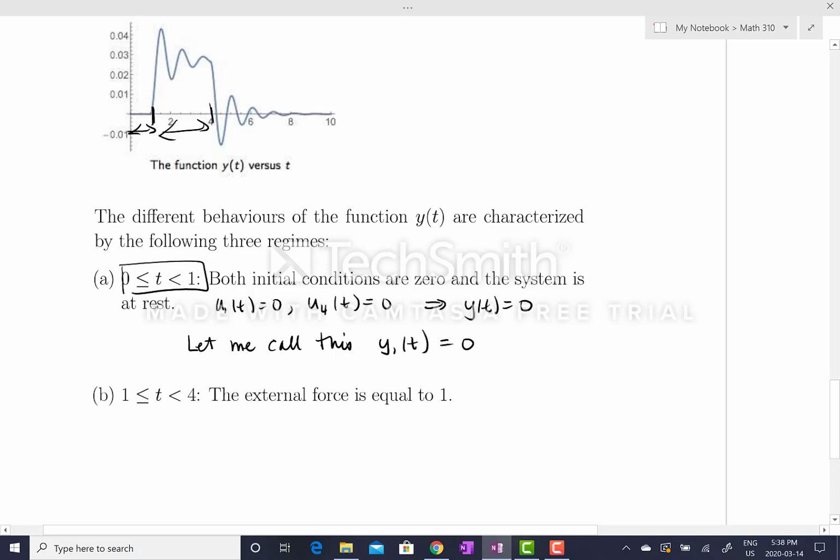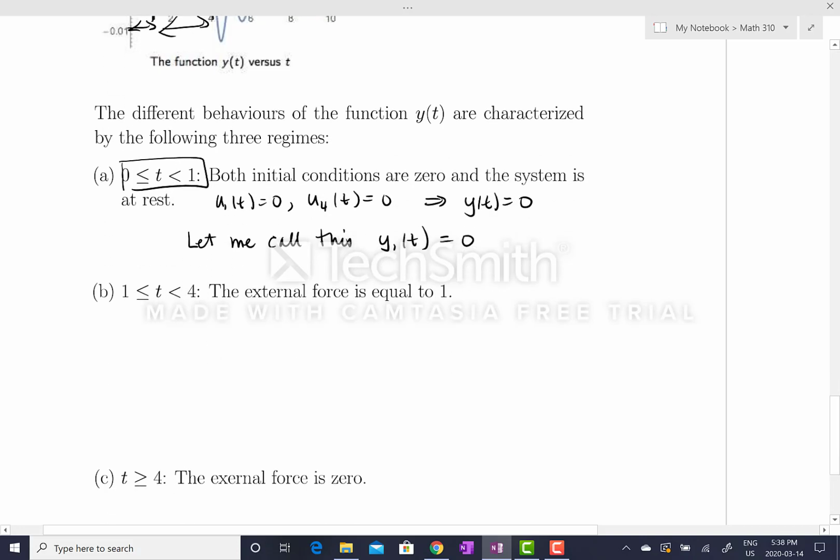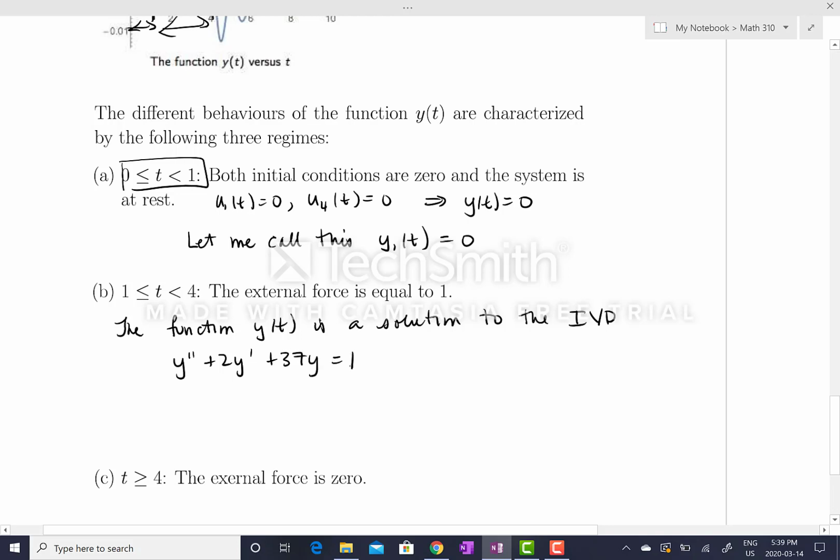Then a force is applied, and the external force is equal to 1. During the time between 1 and 4, the function y of t we found is a solution to the initial value problem y double prime plus 2y prime plus 37y equals 1.